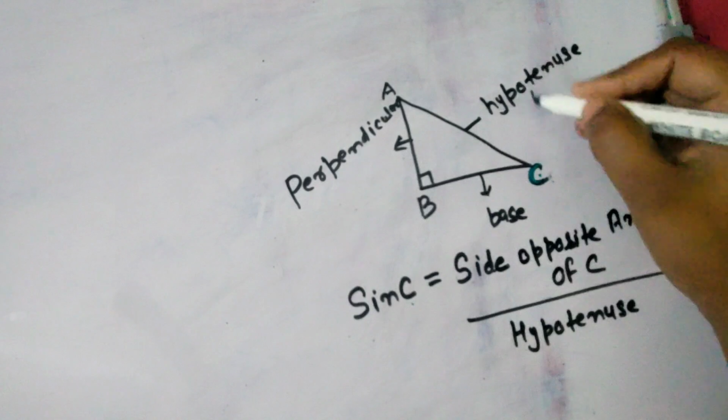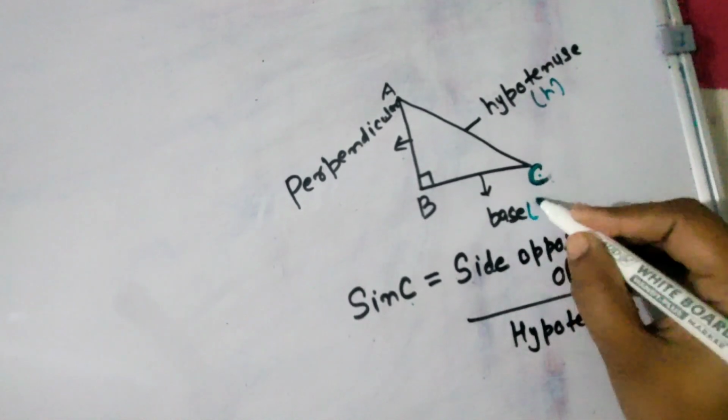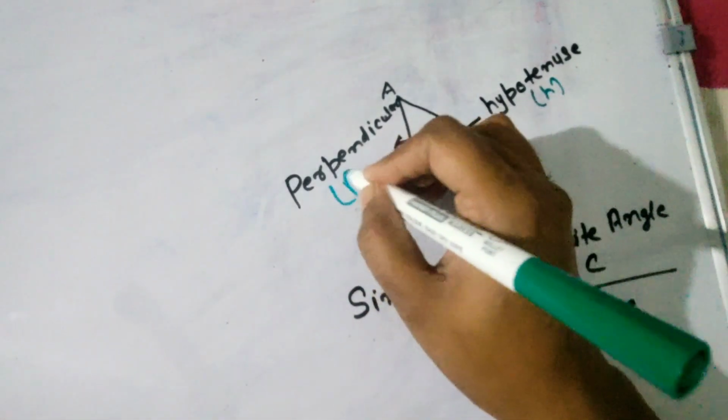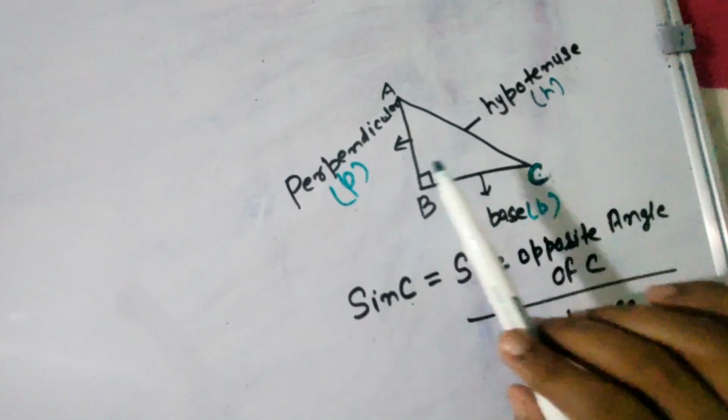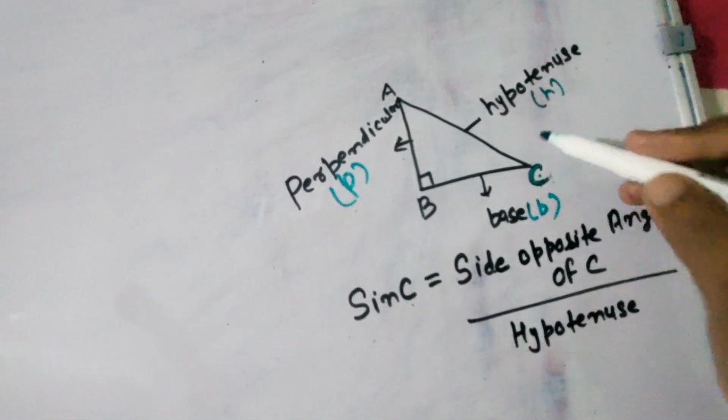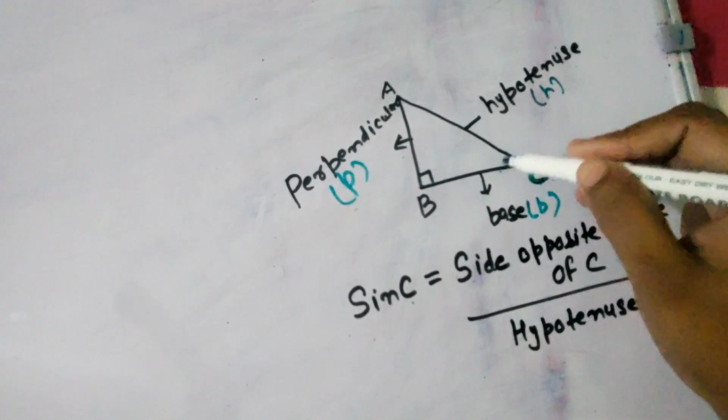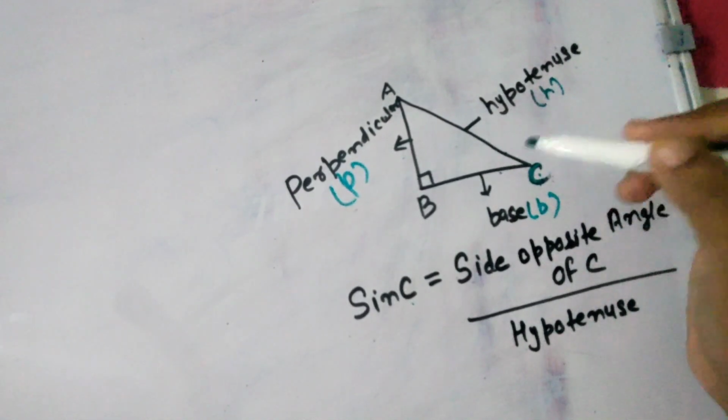I mentioned this is H, this is B, and this is P. The side opposite to angle C: the two sides near C are adjacent. Adjacent means just near.